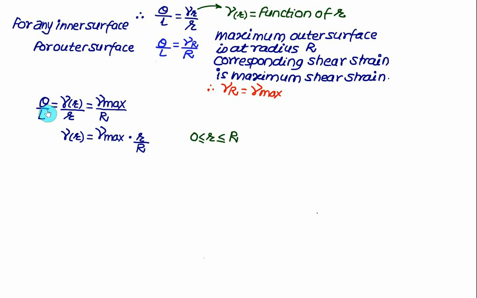So this equation we can write in general as theta by L equal to gamma, a function of radius r, divided by radius r, equal to gamma max divided by outer surface radius R. And therefore shear strain at any radius r, which is a function of r, in general is given as gamma maximum multiplied by r divided by capital R. Remember the limit of r is 0 less than or equal to r less than or equal to capital R.